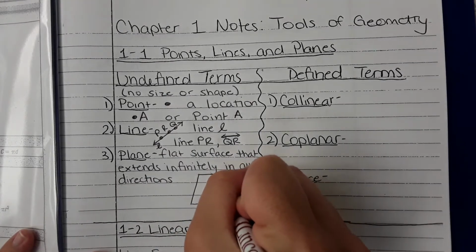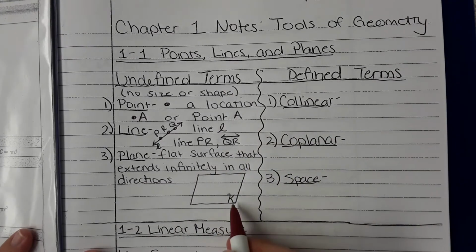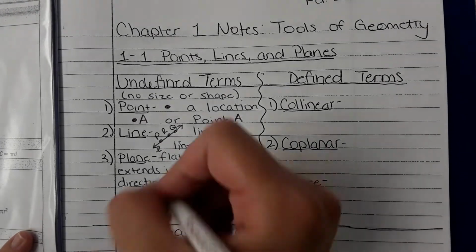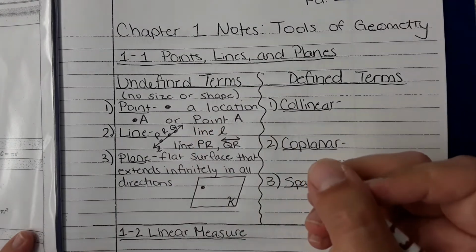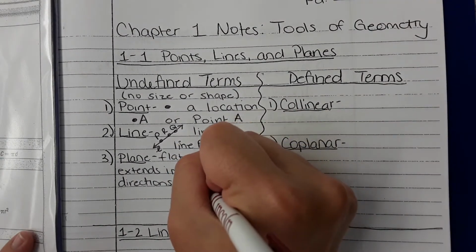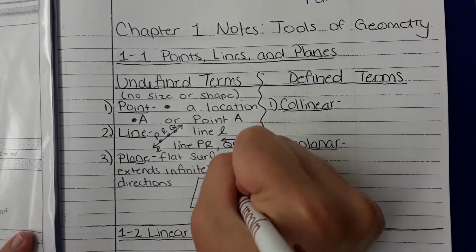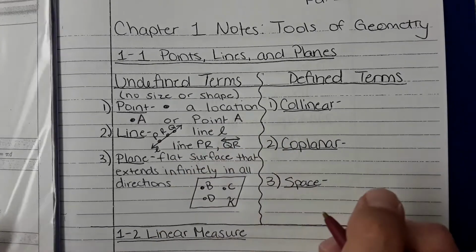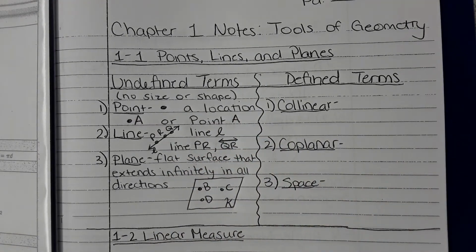You'll usually see a cursive letter in the corner. In this case, it's a cursive K. And then this plane has exactly 3 points on it.